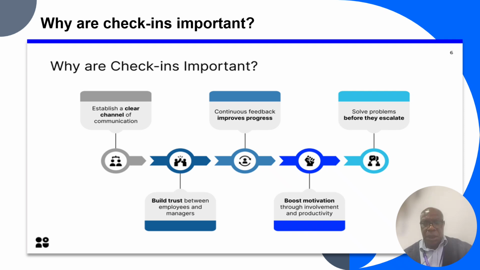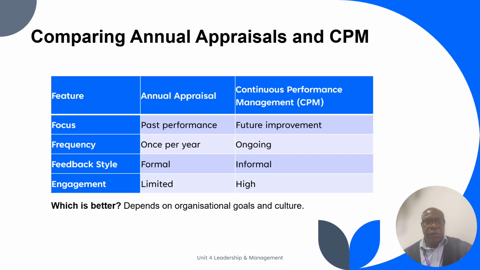Okay. In comparing annual appraisal and CPM, we can look at the focus: annual focuses on past performance, while CPM focuses on future improvement. The frequency for annual is once a year, and CPM is more ongoing. The feedback style for annual is formal, and that of CPM is informal.